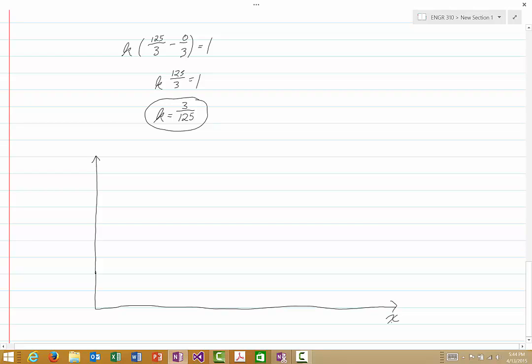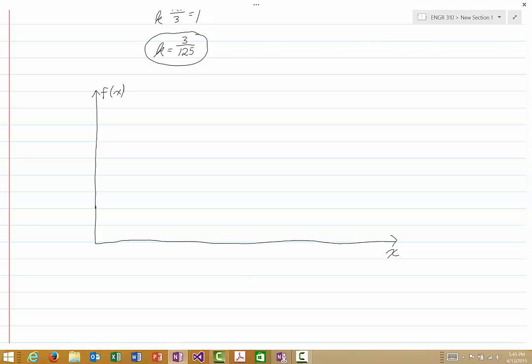So here's x, and here is f of x. And remember, we only have to consider the range from 0 to 5, because it's equal to 0 everywhere else. So we can say 0 and 5.